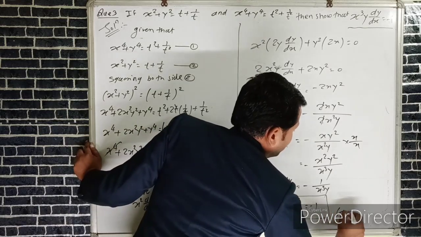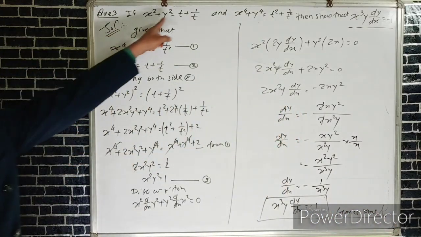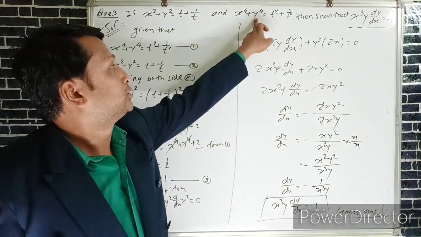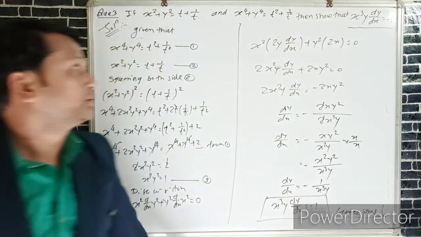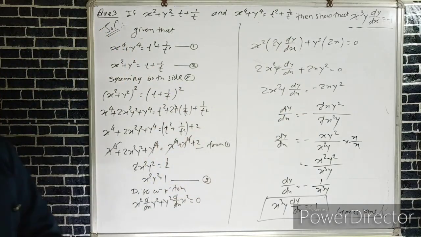Hence proved, which is the required proof of the given function x square plus y square equals t plus 1 by t, and x raised to the power 4 plus y raised to the power 4 equals t square plus 1 by t square. We have proved that x cube y into dy by dx equals minus 1.